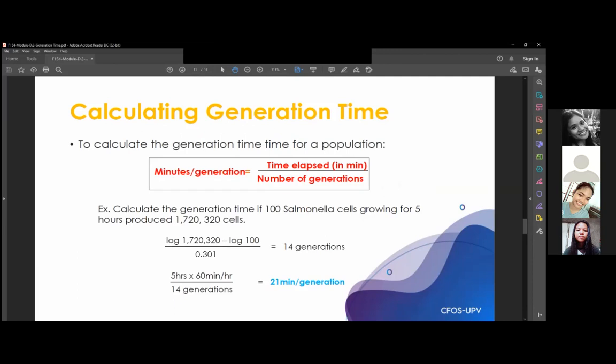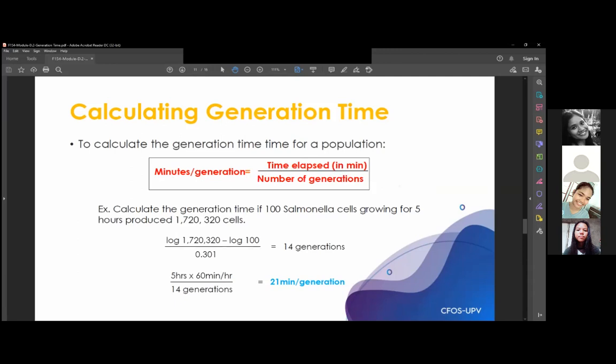Okay, so next tayo. Ayan, so meron tayong another formula, minutes per generation. Gusto mong malaman, ilang minutes does it take for it to double its number? So gusto mo yung specific na time. To calculate that, you need minutes per generation equals the time elapsed in minutes over the number of generations.